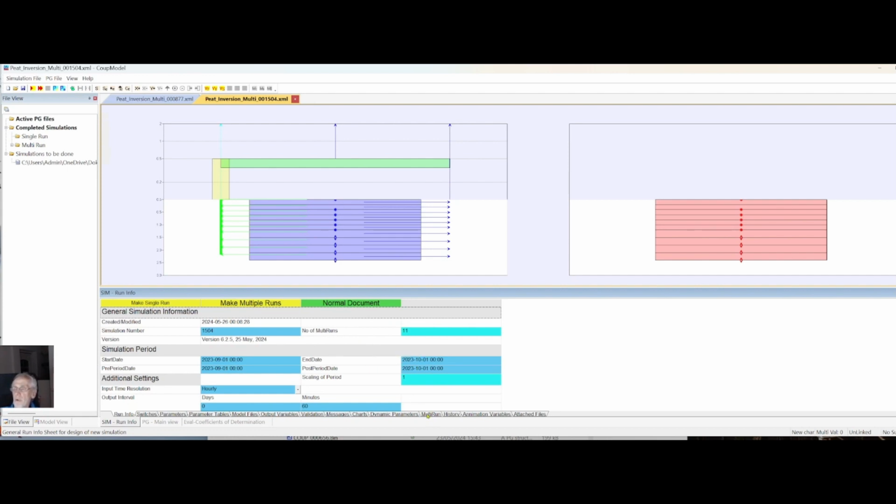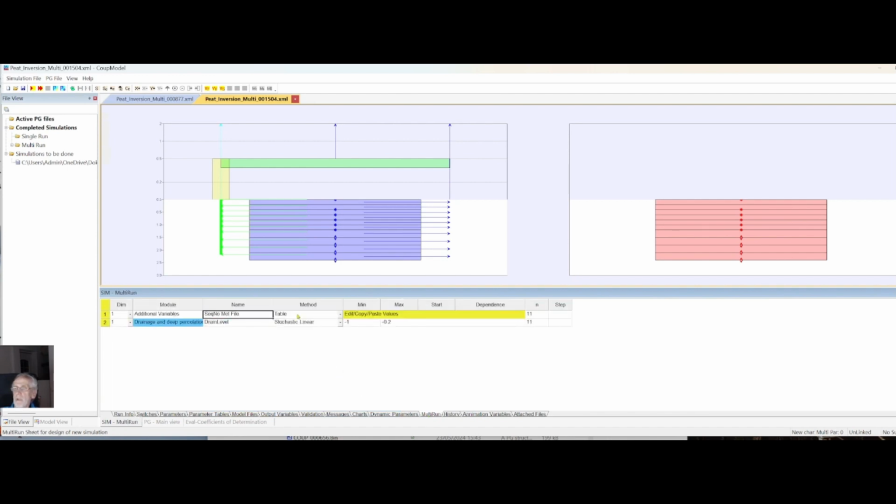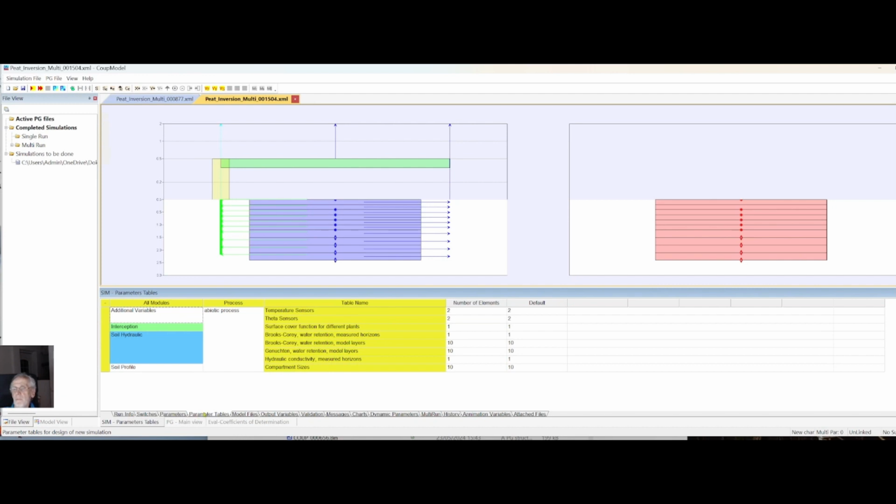And we can start to go to the multiruns, and then we see that this is what we had seen before. The drain level and the sequence number for selecting the climate file. Now I feel that we should take some more parameters. And first of all, it looks like the soil is not a very good representation.